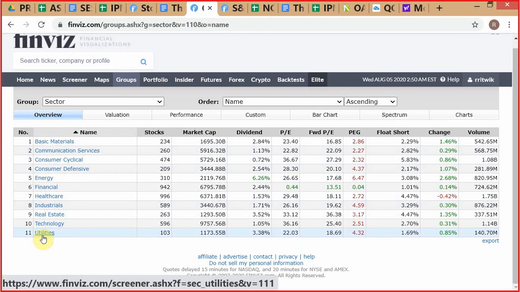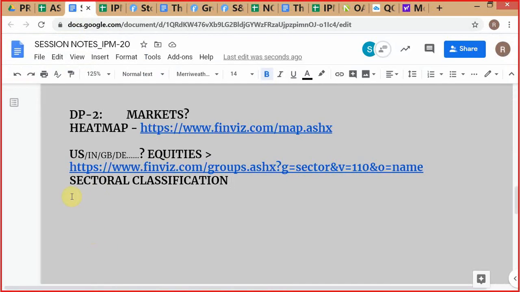But she will still remember the general principle that I need to do a sectoral and also industry classification. There is some difference in how you define sector and industry, but both terms are used.